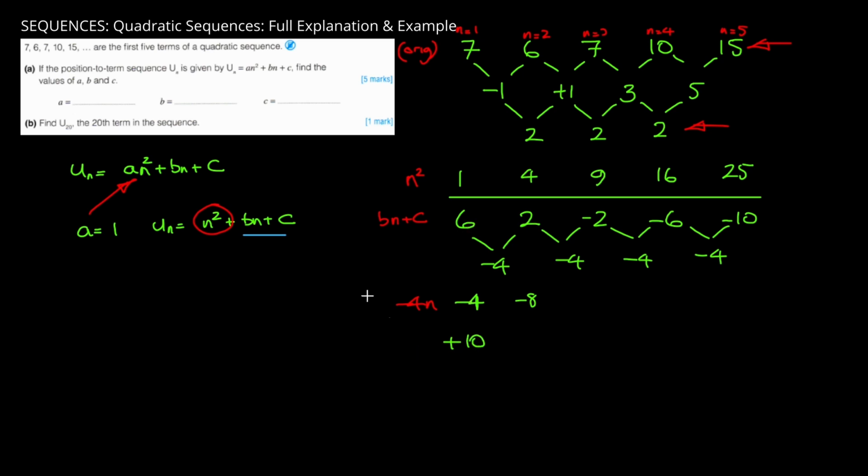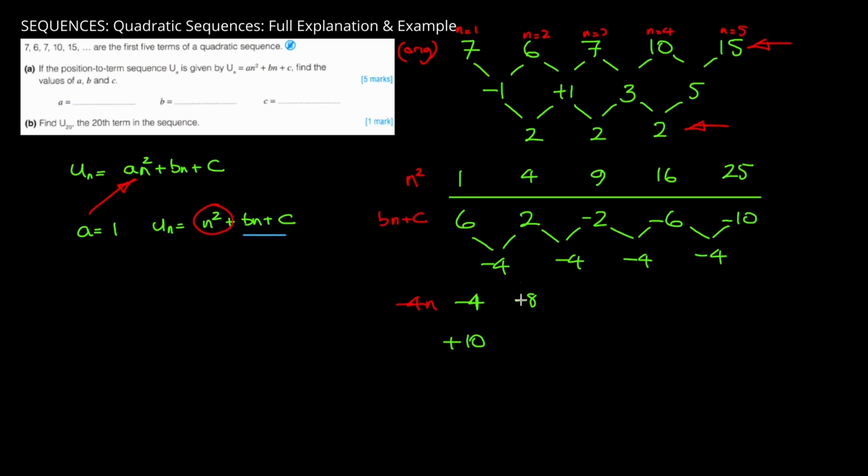Let me just go through that again. We found a common difference of -4. So we know that -4n is part of the sequence. So we've effectively got b, but we don't know what c is. You see, -4n on its own, when n is equal to 1, produces -4. But our sequence demands that our value is 6.